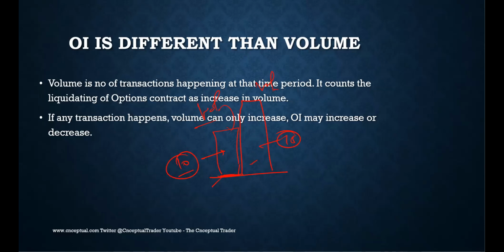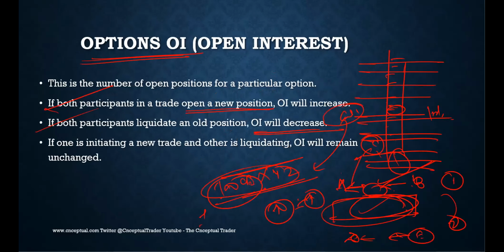Whenever you count volume, you count everything, like A and B. When they were making a new contract, that was also one volume. When they were liquidating that position, that will also be counted as one. Then the new position will be created, that will also be counted as one. So volume will continuously increase.